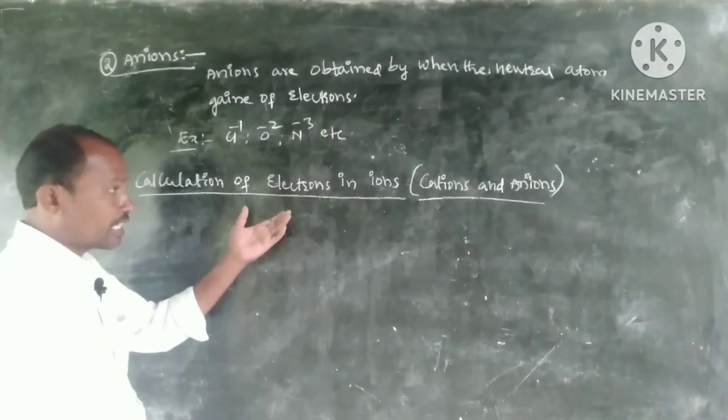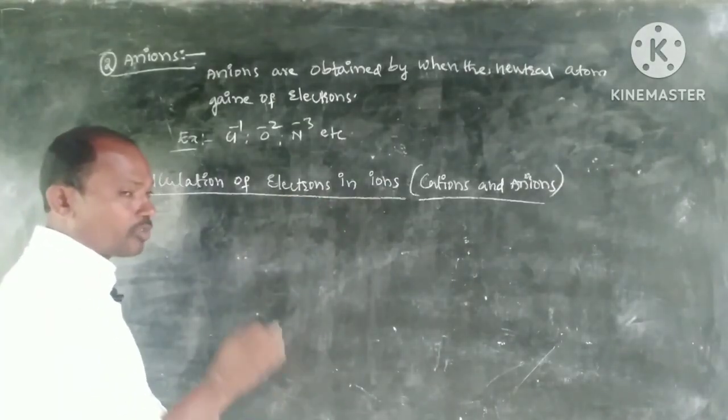How do we calculate the electrons present in ions? One principle is there.